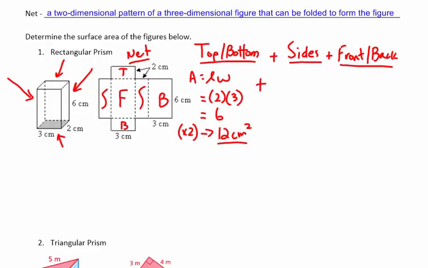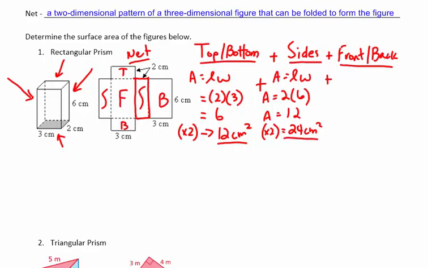To that we're going to add the sides, and the side here, you'll notice, is 2 by 6. So length times width, 2 by 6. So one of them is 12. Again, I'm going to double that because there's 2 of them. So that's 24 centimeters squared.